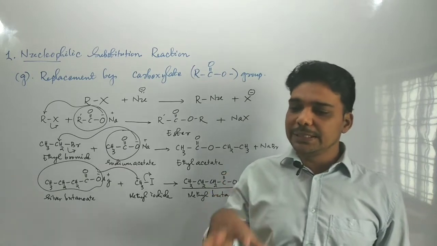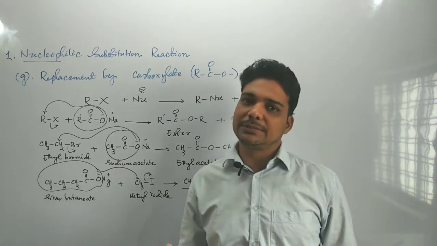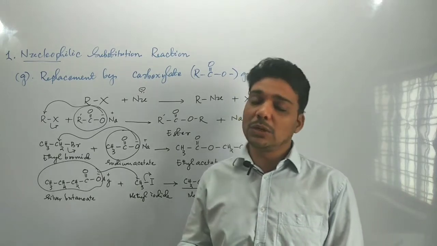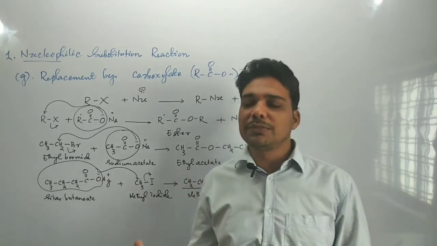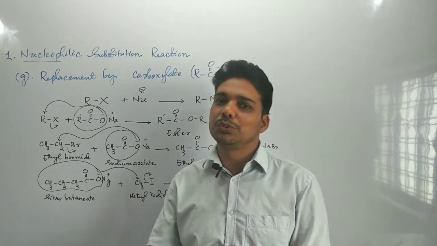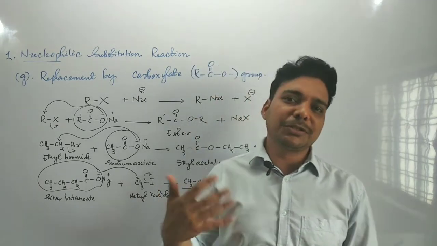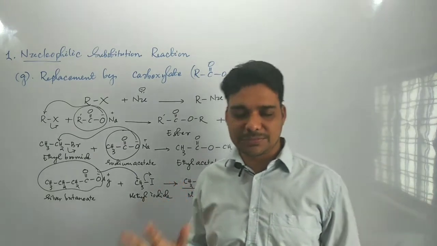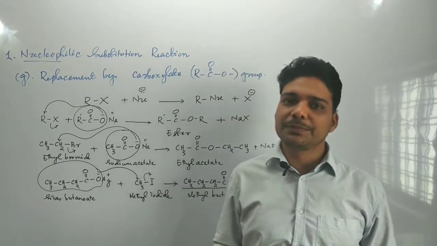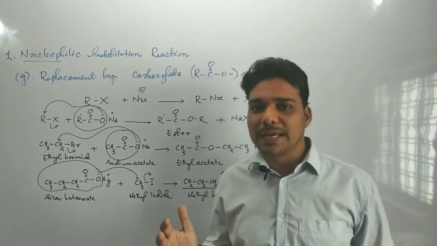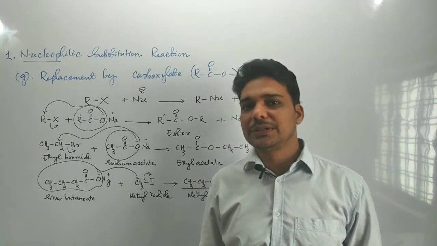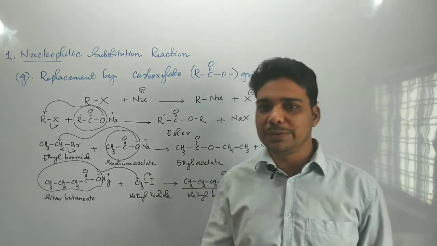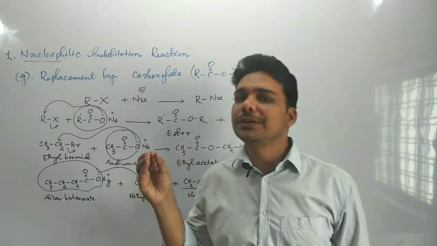When secondary alkyl halide is considered as the substrate, we will get the ester, but along with the ester, a certain amount of alkene will be formed due to the elimination reaction. And when tertiary alkyl halide is chosen as our substrate, exclusively alkene is obtained as product, because the elimination reaction predominates over nucleophilic substitution reaction.